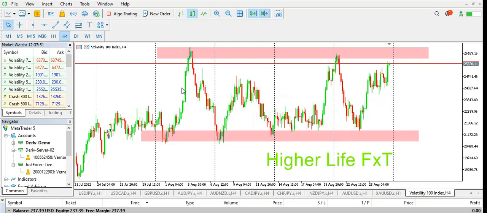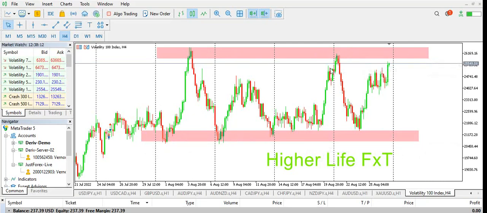As you can see, we are on volatility 100, and I have just drawn my support here with this pink line and my resistance above with this pink rectangle.